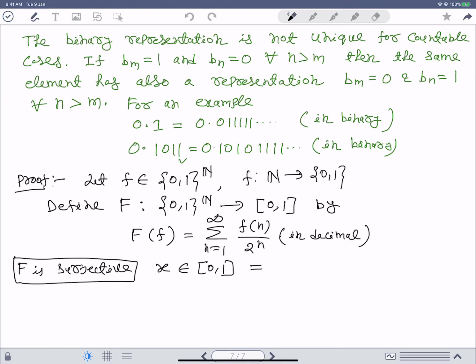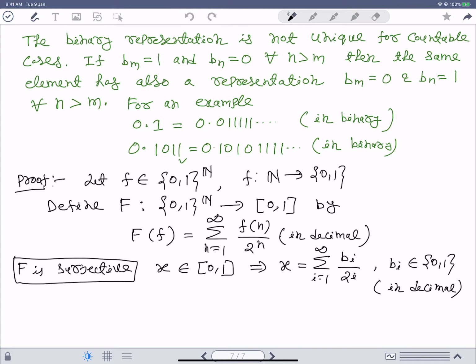Now we know that it can be written as the summation i equal to 1 to infinity of b_i by 2 to the power i, where b_i belongs to {0, 1}. Obviously it is in the decimal sense, right?